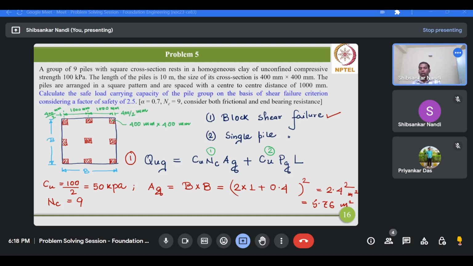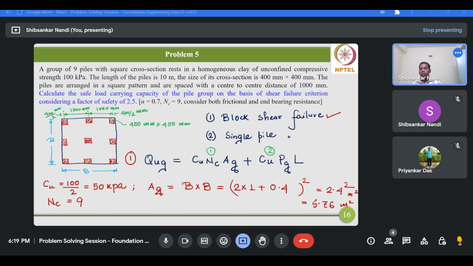Now coming to the second component, the skin friction component. Earlier in the single pile case, we considered an adhesion factor, but here no such adhesion factor is considered to calculate the skin friction part of the block, the pile group.